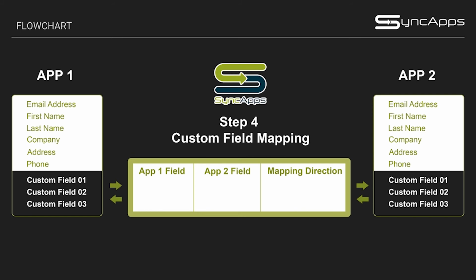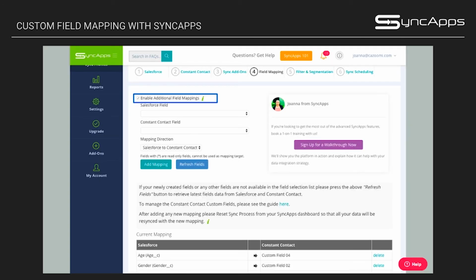Over in Step 4, which is all about custom field mapping with SyncApps, I can list down the App 1 field, map that to the App 2 field, and select a mapping direction. With SyncApps, you can go one-way sync or bi-directionally. So in your sync profile, just go over to Step 4, which is field mapping, and enable additional field mappings.